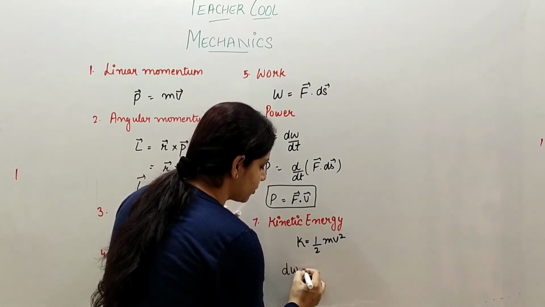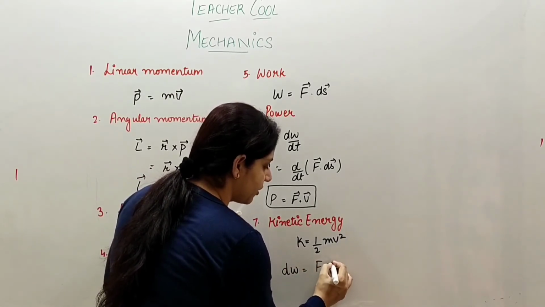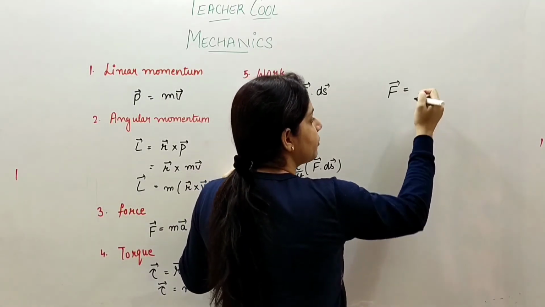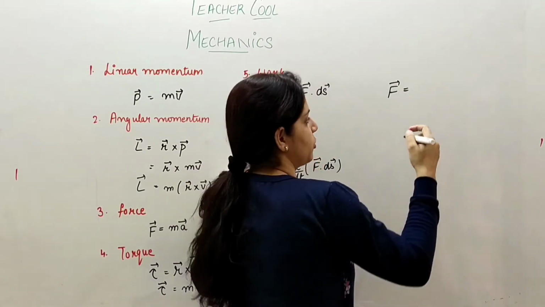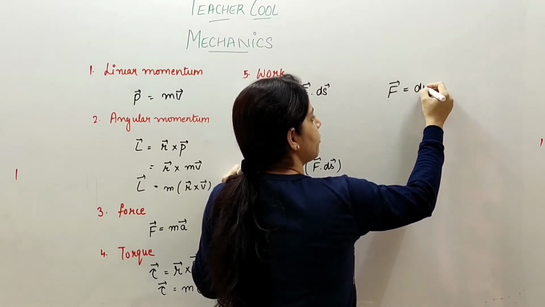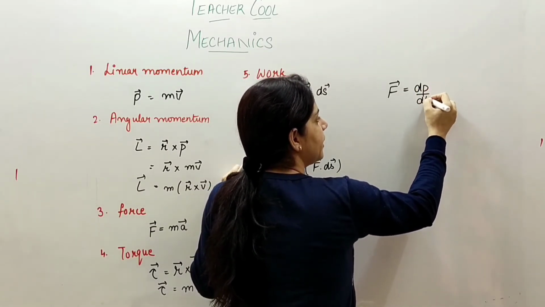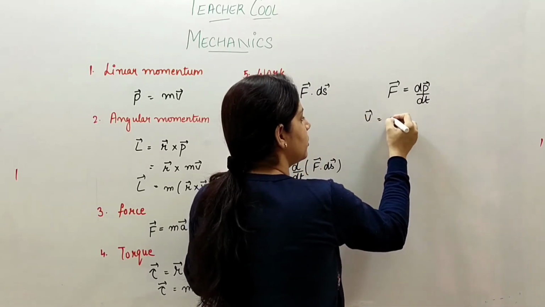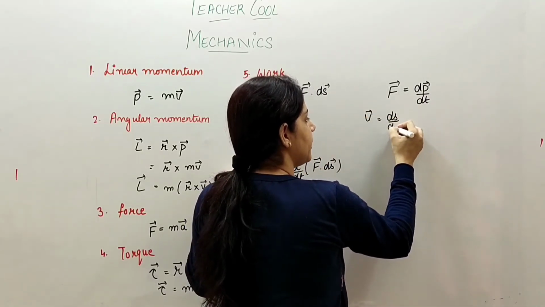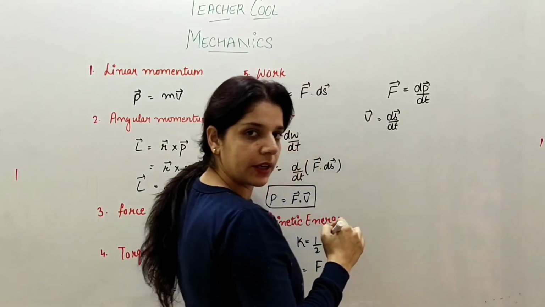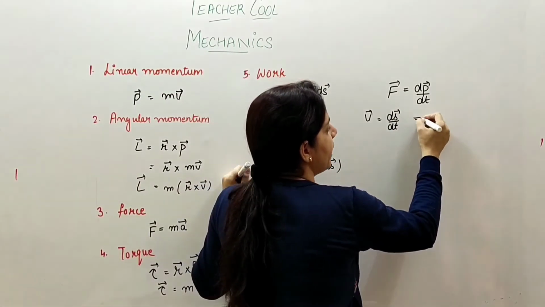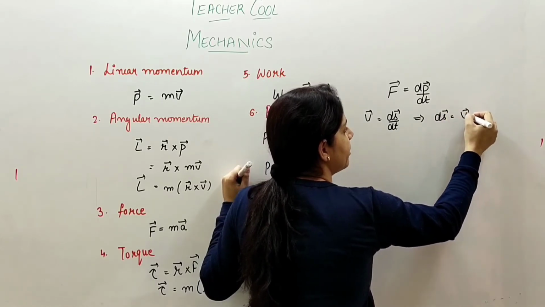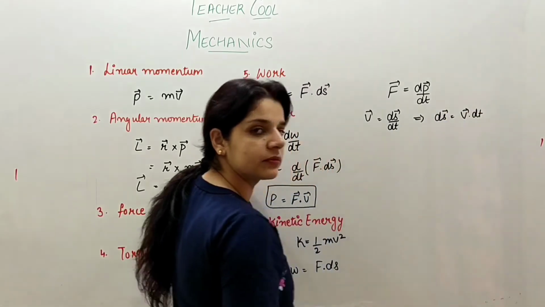So I'll say dw was given by F dot ds. The force here is, from Newton's second law of motion, dp by dt, while the velocity vector was ds by dt, right? From here I can get ds vector is equal to v vector dt.